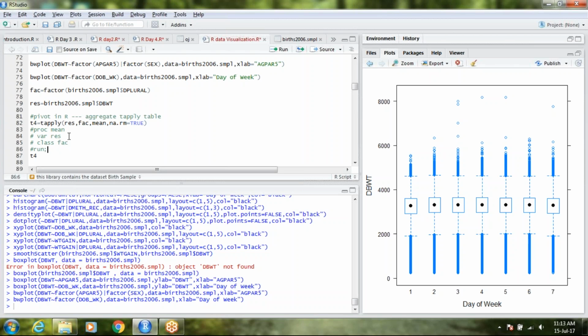So this would be the ideal equivalent in proc means. Here I only want to show the mean, so obviously I have to specify that, since with proc means other statistics also come out, like the number of observations, minimum value, maximum value. Here only the average will be displayed. So this could be a proc means equivalent of the function tapply. Let me not delete that so that you can use it for your reference.